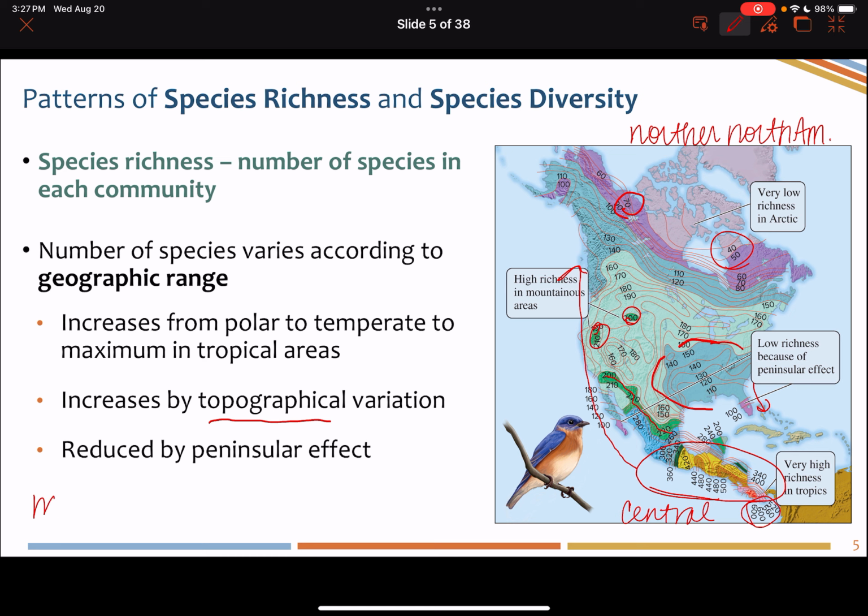Because if you have more diversity in the environment, you get an increased species richness. And that's simply because the environment can provide more available resources, more variety of resources, and therefore can attract a greater variety of organisms.